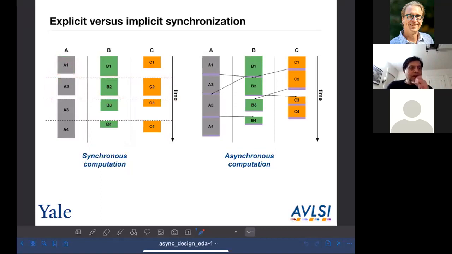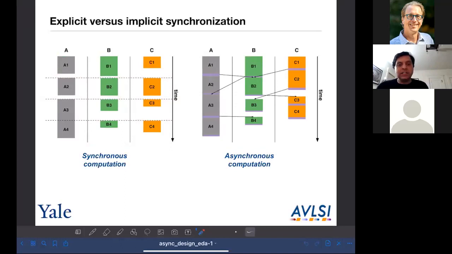So the benefit here is that at this boundary, essentially anyone can read the result of any computation. B2 could read the results of A2 or C1. It doesn't matter, everyone's done. You can think of this as global shared variable synchronous communication. You know that the shared variables are stable when you sample them at the next clock edge, right?